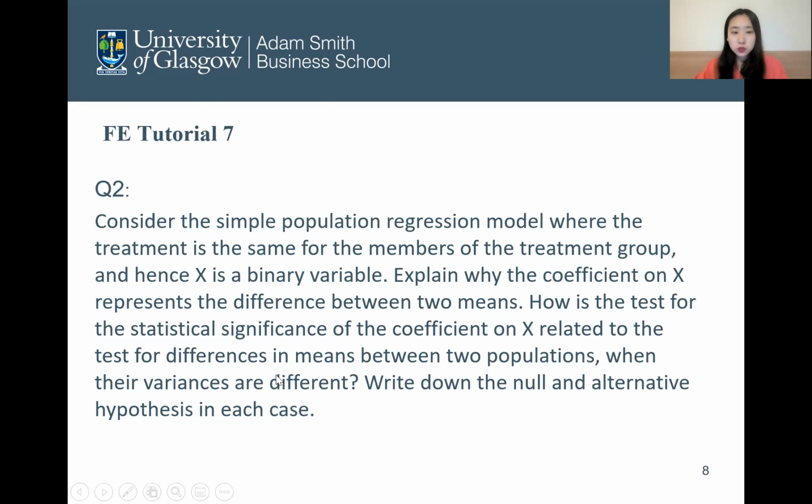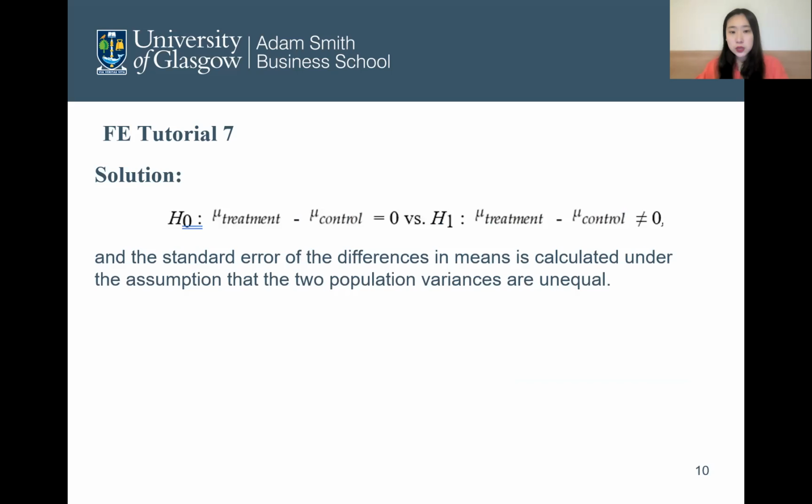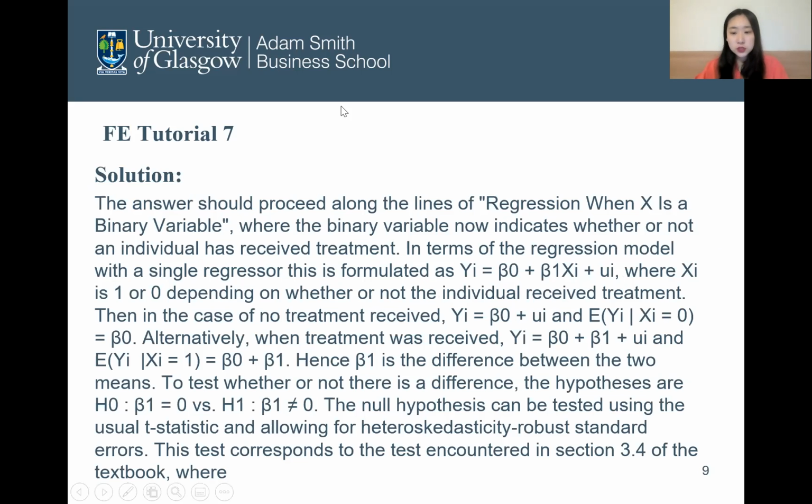So here we just show you why we can write down the formula, and where we can do the equation and how we do it. So let's begin. The answer should proceed along the lines of regression when X is a binary variable, where the binary variable indicates whether or not an individual has received treatment.